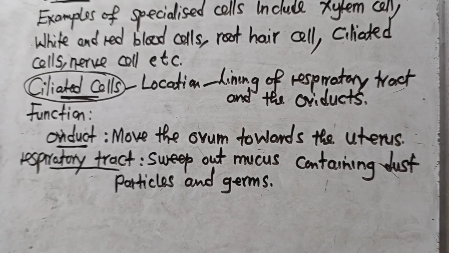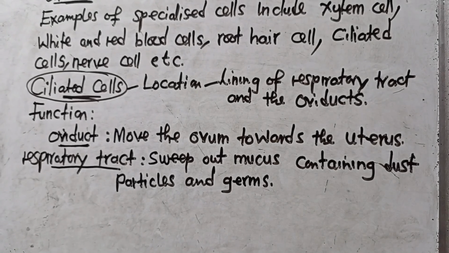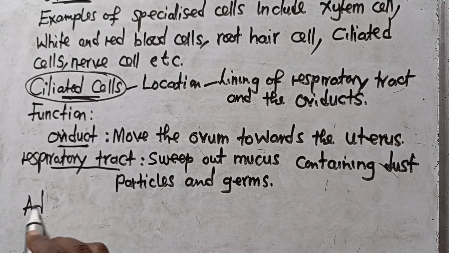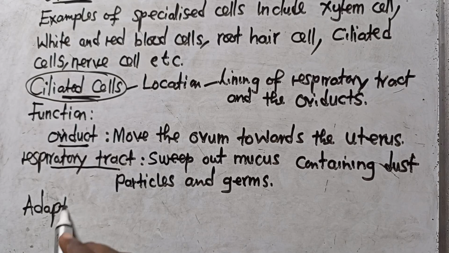Aside from knowing this, you also need to understand their adaptation. What I mean by adaptation is the thing in them that makes them perform their function. These ones have some features that make them perform their function.